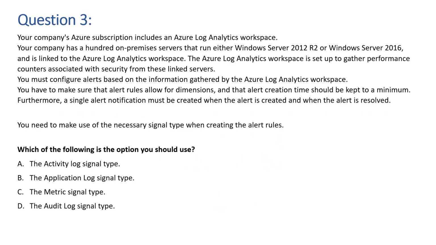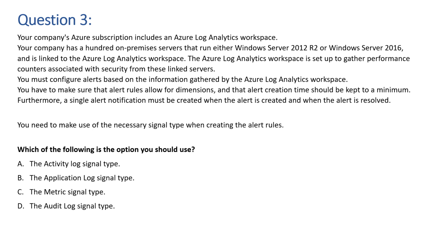So now the question says, your company's Azure subscription includes an Azure Log Analytics workspace. Your company has 100 on-premises servers that run either Windows Server 2012 R2 or Windows Server 2016 and is linked to the Azure Log Analytics workspace. The workspace is set up to gather performance counters associated with security from these linked servers.